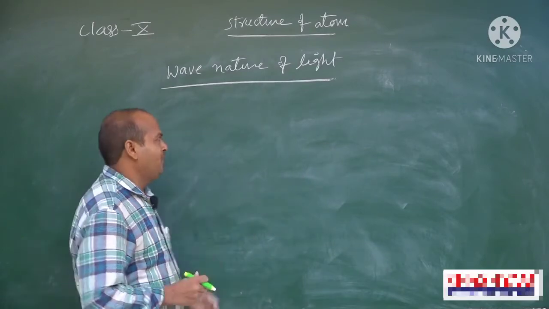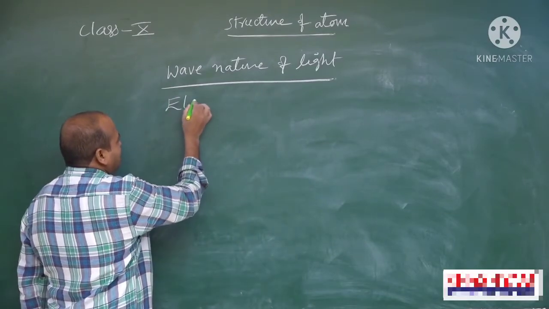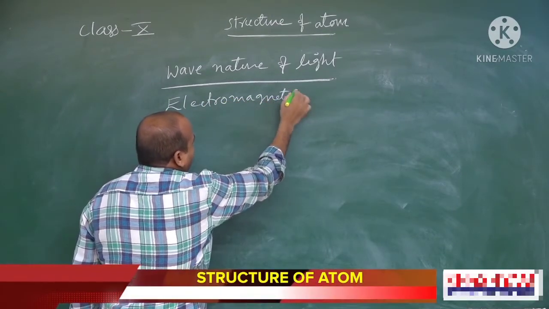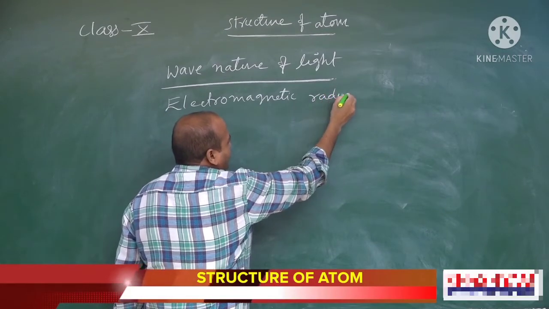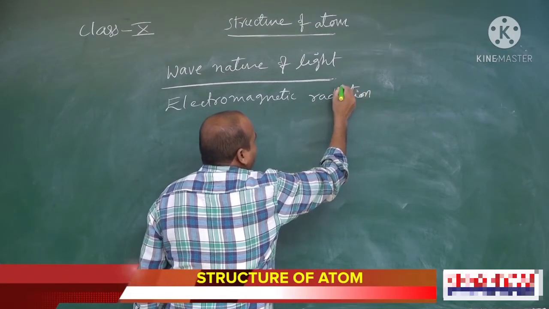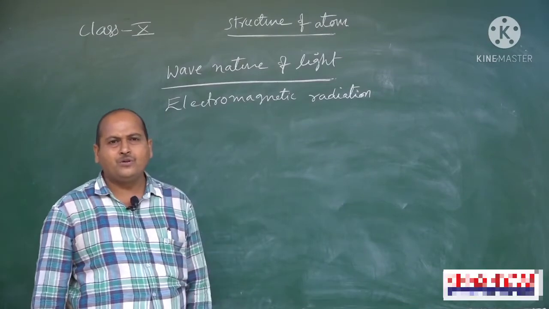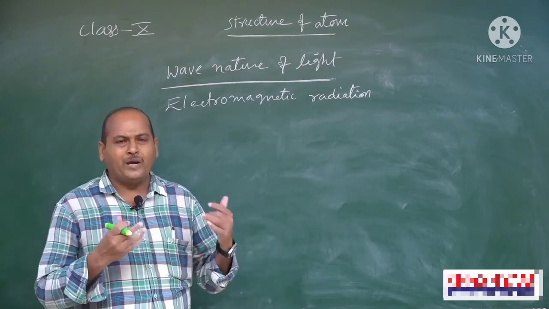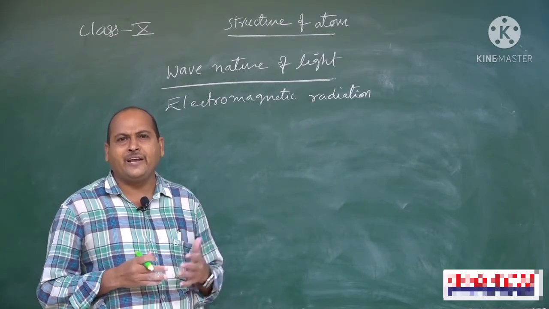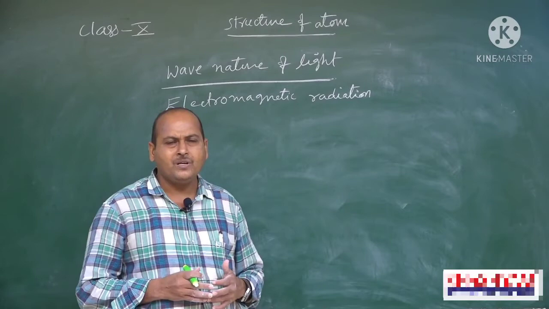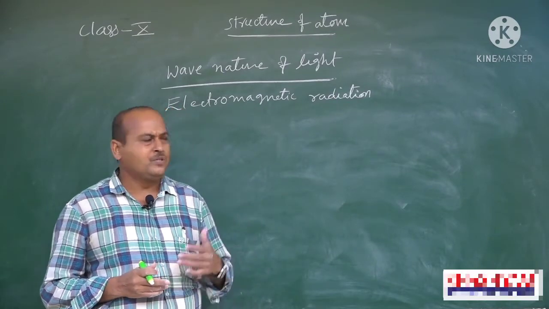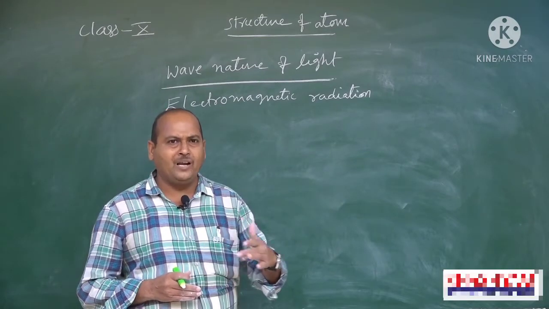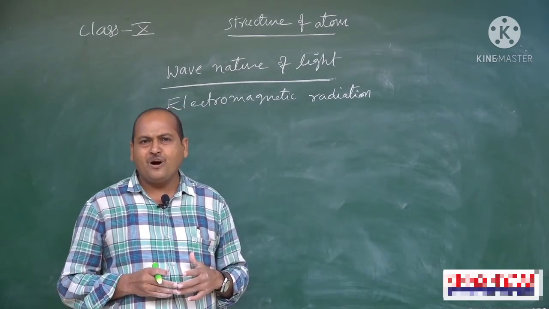Coming to electromagnetic radiations, what are they? When a charged particle vibrates, oscillates or accelerates, it produces electric and magnetic fields which travel in the form of waves.